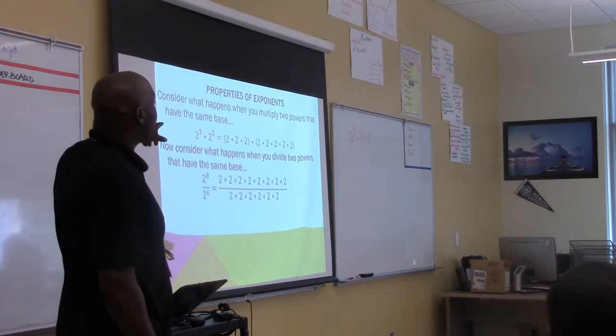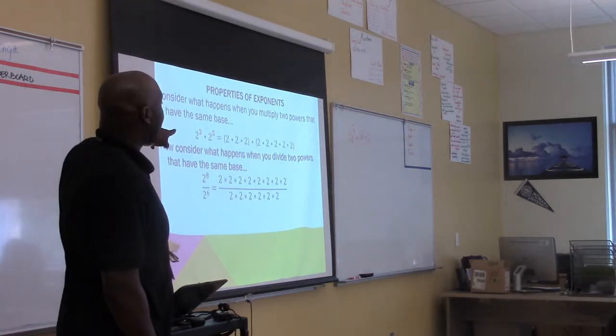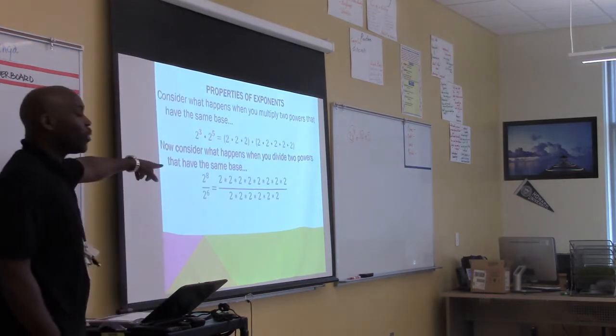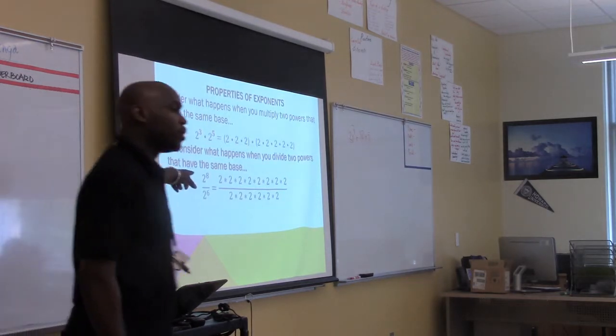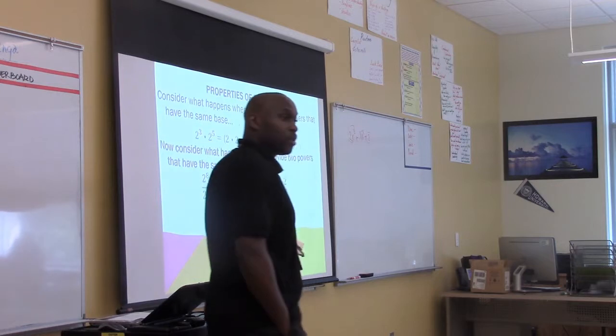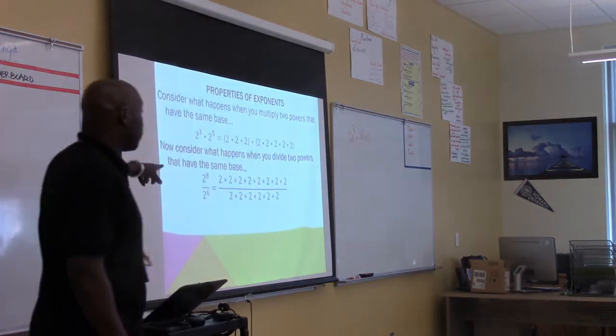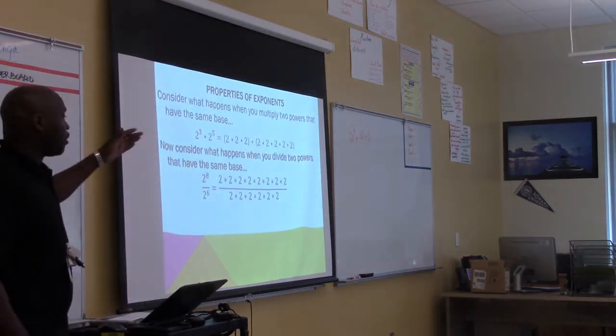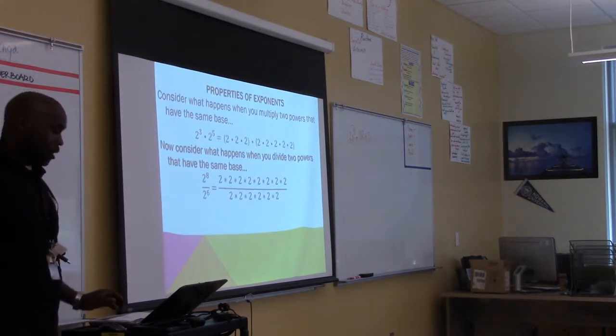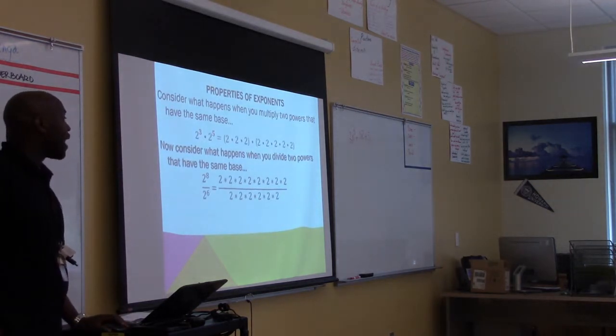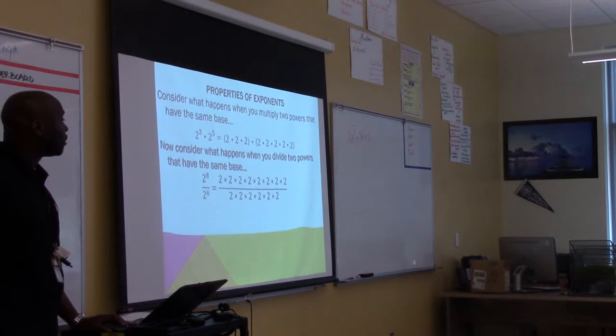All right, so when we have like bases and we're multiplying them, with different exponents, we add the exponents. When we're dividing, what are we doing with our exponents? What do you think we're doing? If we're dividing, we subtract. So when we're multiplying, we're adding. When we're dividing, we're subtracting.